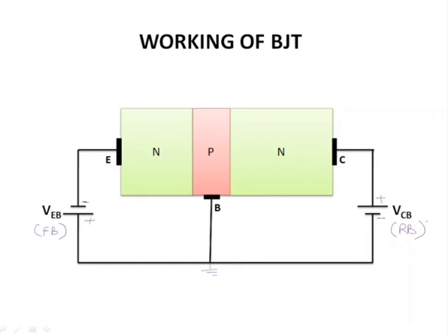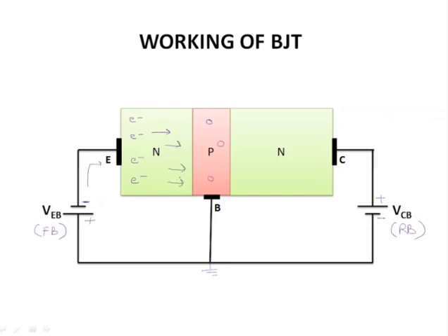So what does this mean? Here this is being used as an amplifier. So you are going to understand the working of the BJT as an amplifier. How does it work? You see that this is the negative terminal. This emitter is connected to the negative terminal. Because electrons are present here, this negative terminal will start pushing the electrons towards the base region.